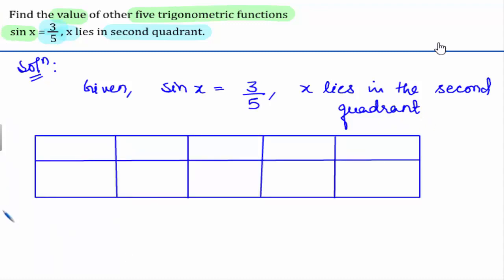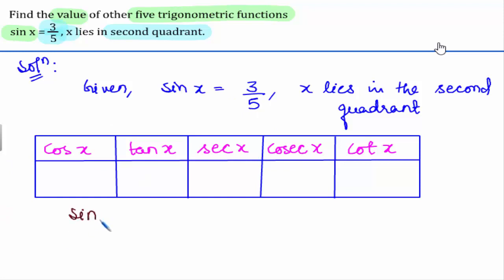The other 5 trigonometric functions are cos x, tan x, sec x, cosec x and cot x. So we have to find the values of these 5 trigonometric functions. Now we know that sin square x plus cos square x is equal to 1.